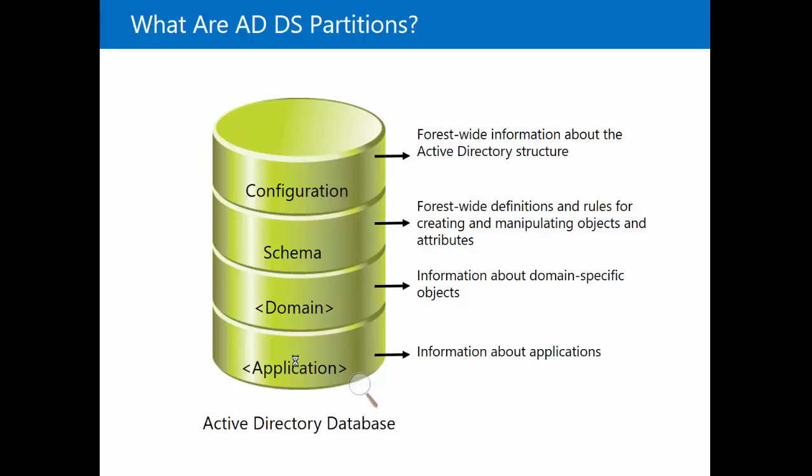On day 1, there was an application partition, meaning some application that is not related, an independent separate application. It's not part of Active Directory, right? It's a separate application that gets integrated with Active Directory so much that its information is actually present in the application partition of the Active Directory.